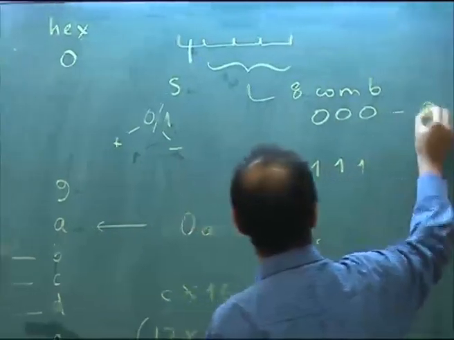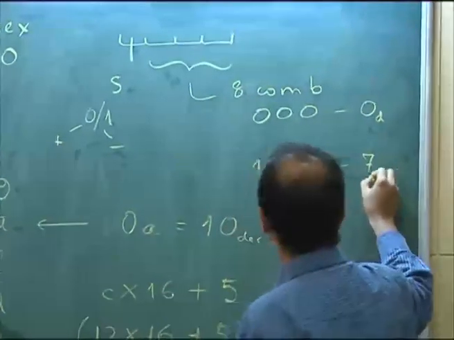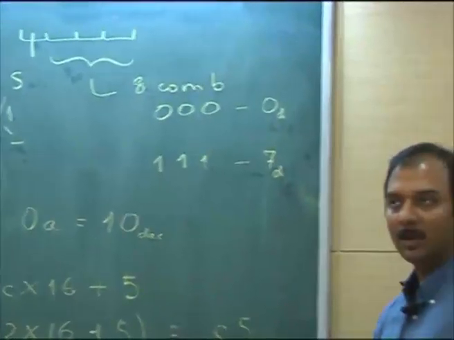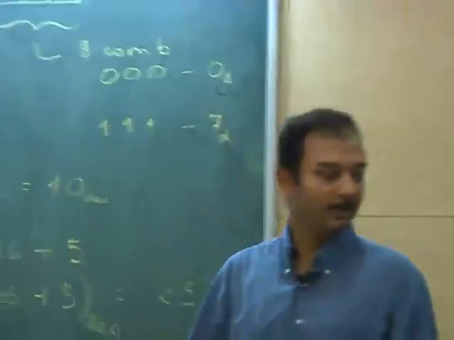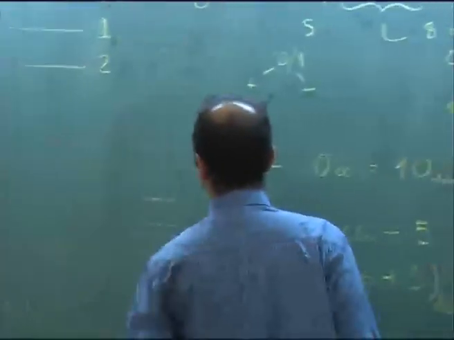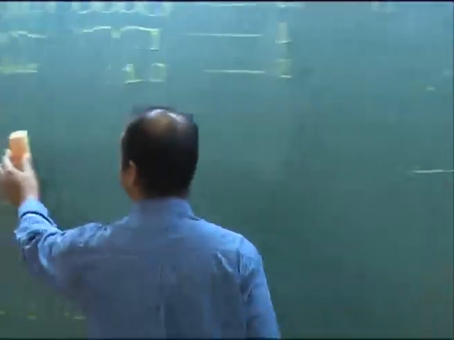So this is decimal 0. This is decimal 7. So now, instead of getting only positive numbers between 0 and 15, I get both positive and negative numbers between 0 and plus minus 7.